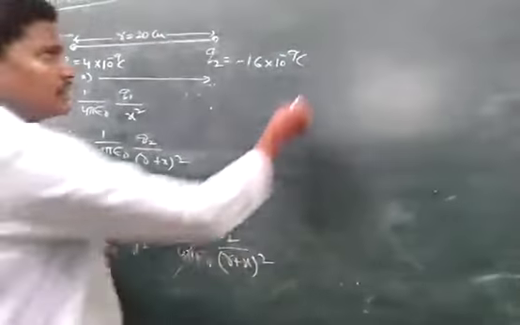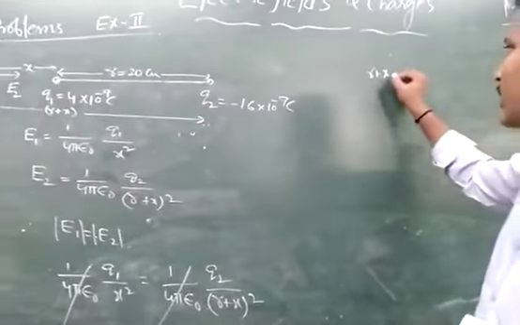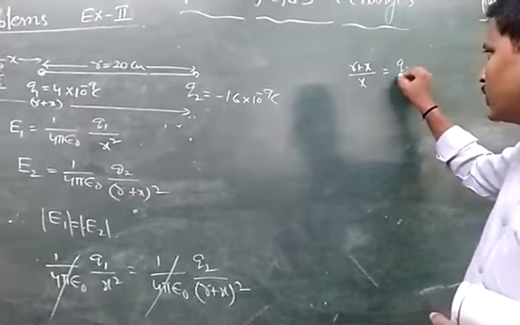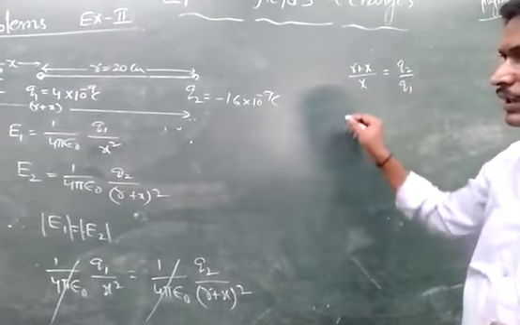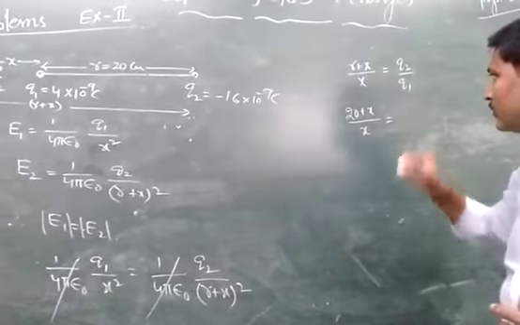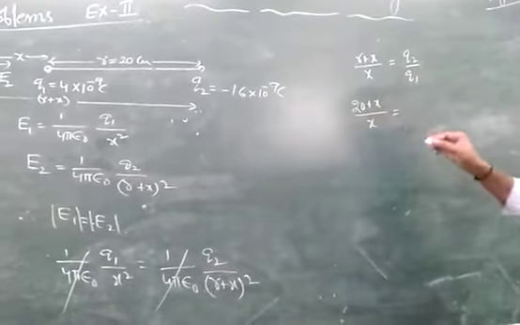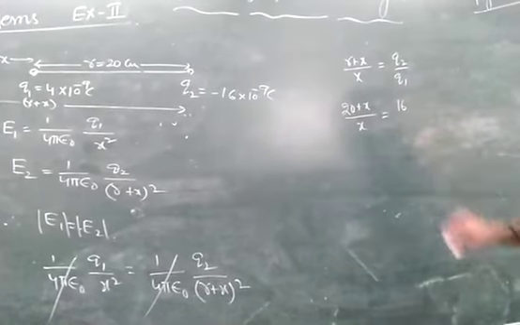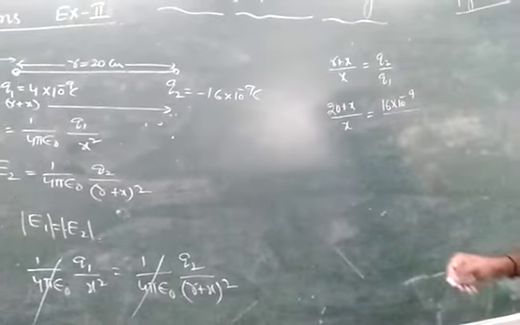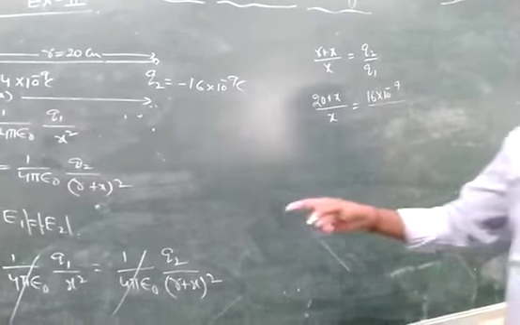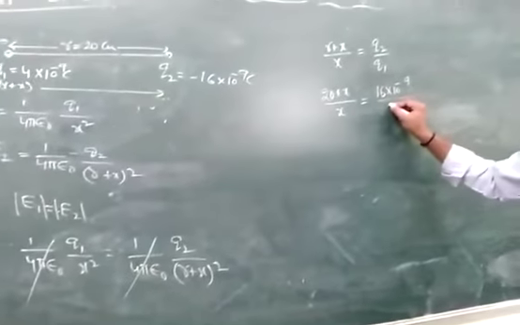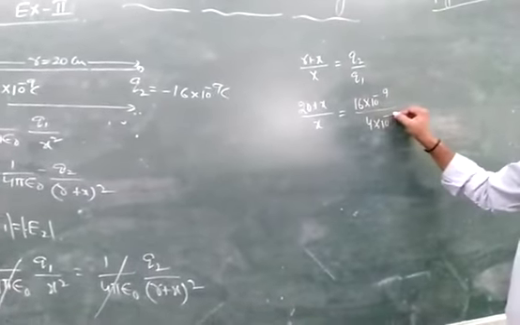Then (R plus x) divided by x is equal to square root of Q2 divided by Q1. R is nothing but 20 centimeter, so (20 plus x) by x is equal to the square root of Q2 by Q1. Q2 is 16 into 10 power of minus 9, only magnitudes we can consider, but no sign, divided by 4 into 10 power of minus 9.